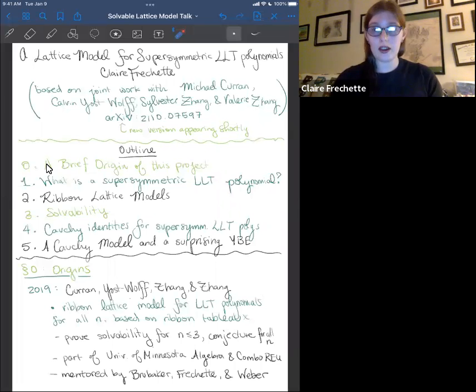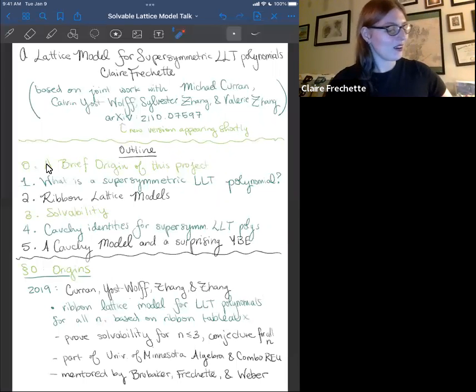We're going to define a lattice model that will give it as its partition function, and then talk about the solvability of that lattice model and identities for our polynomials and how they interact with our lattice model. And there's a surprising solution to the Yang-Baxter equation at the end, or at least a surprise to me.